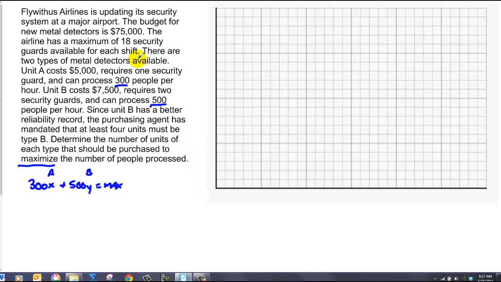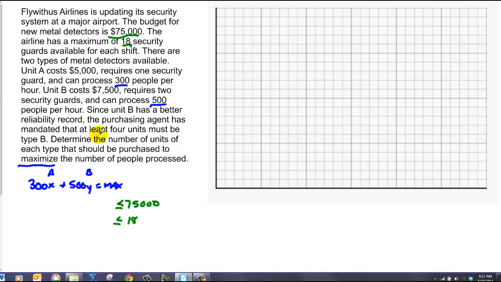So then we'll find our constraints. Reading through, it seems here's one right here, $75,000. That's a maximum budget. And then 18 people. And then reading through a little bit more.